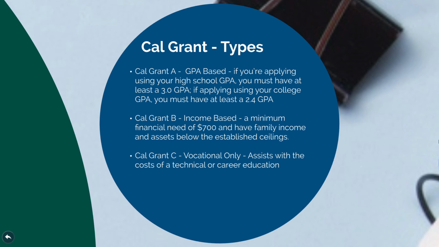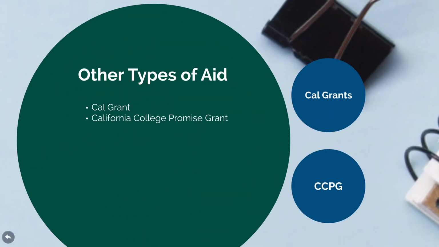And then there's Cal Grant C, which is for vocational students only. We talked about short-term careers, for example, someone going to do engineering or an electrician career. There might be assistance available to you if you are looking to do some type of vocational schooling like that.